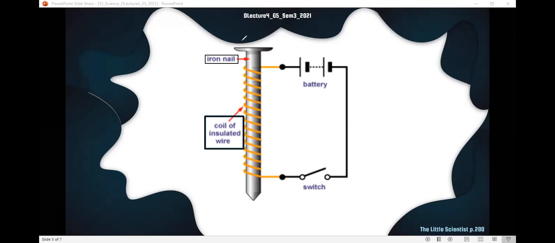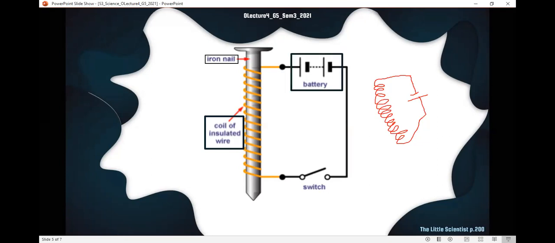Again, I will draw it for you. You can just bring a wire and make lots of coils, lots of turns, and connect it to a battery. Sorry for the bad drawing. This is how you build an electromagnet.